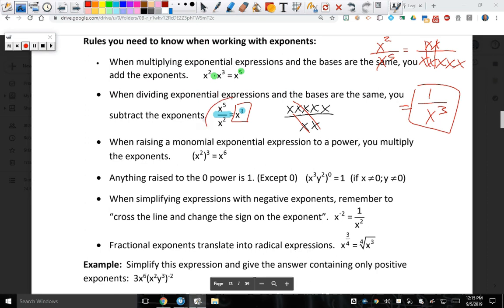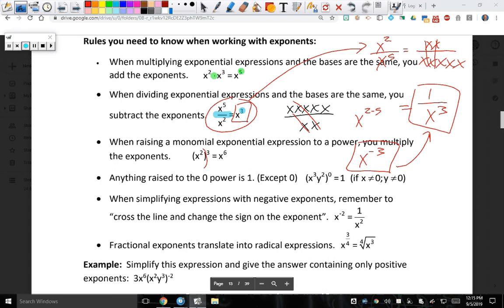If you use this rule of subtracting when it looks like this, it's basically going to say 2 minus 5, which is the same as negative 3. And x to the power of negative 3 is the same as 1 over x to the positive 3. We learned that in Algebra 2. We good? But a lot of people forget it, so please put that back in your short-term memory.